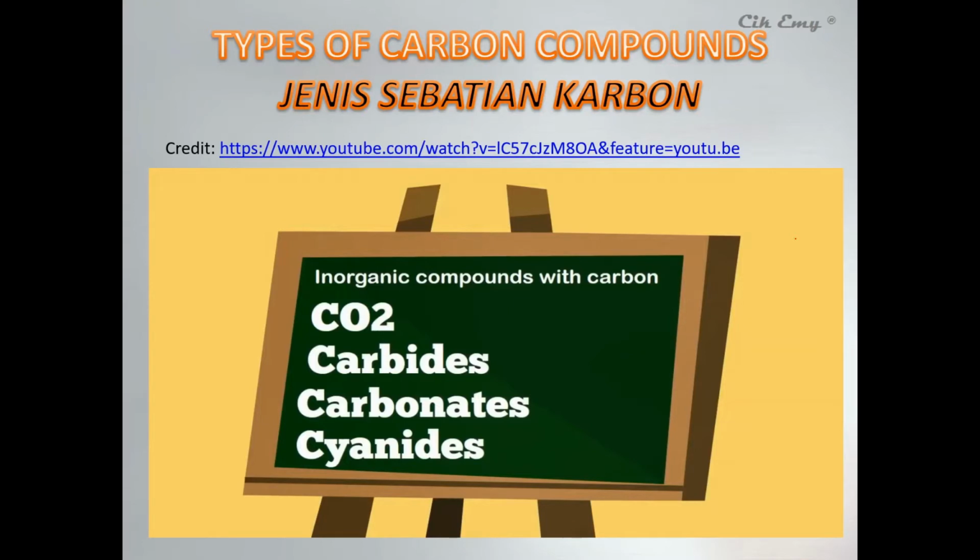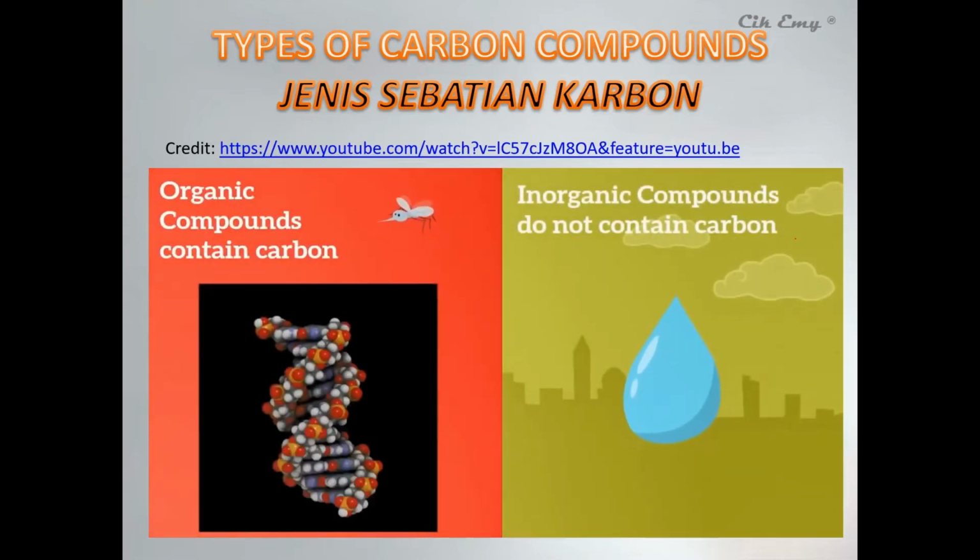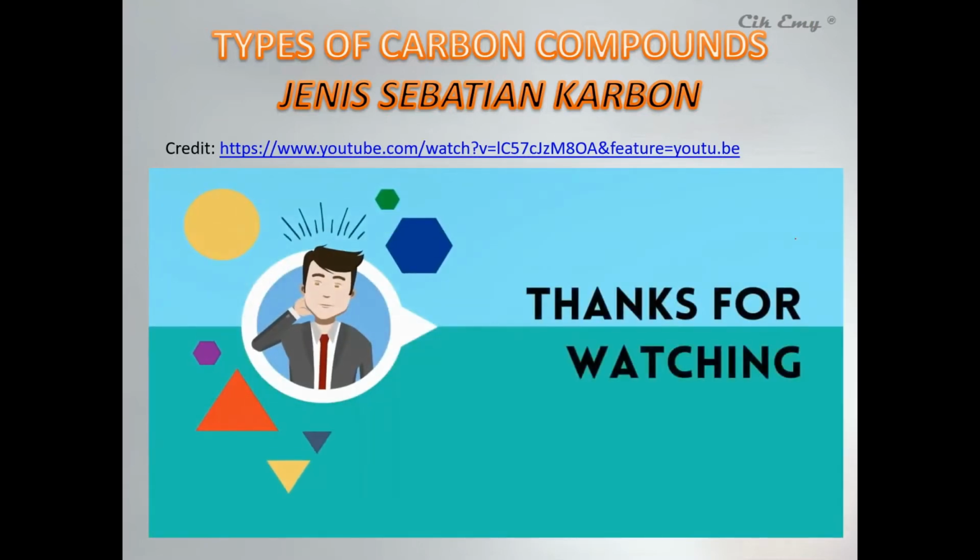But generally, inorganic compounds do not contain carbon. They also are more simple than an organic compound. So there we go. Organic compounds contain carbon, inorganic compounds do not, except for the few exceptions. Thanks for watching, and Mumu Math uploads a new math and science video.